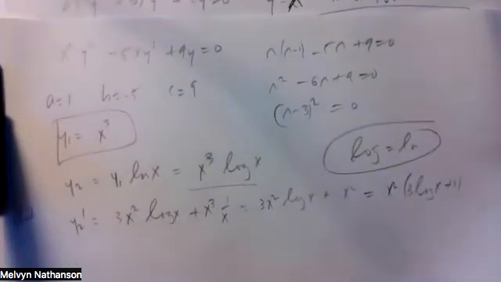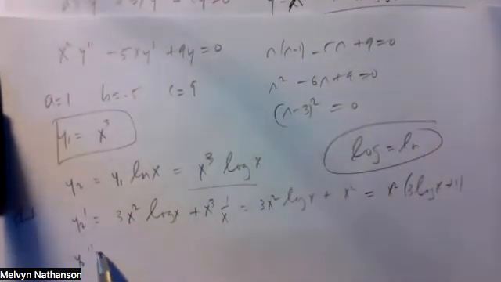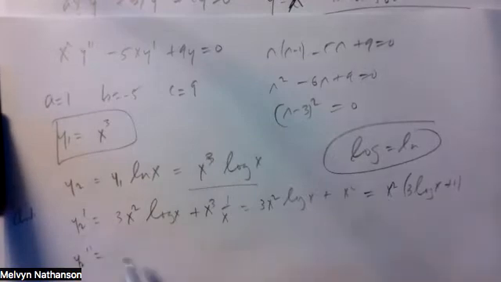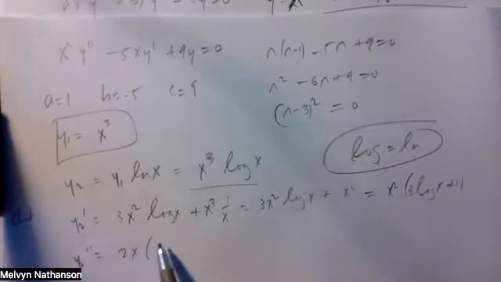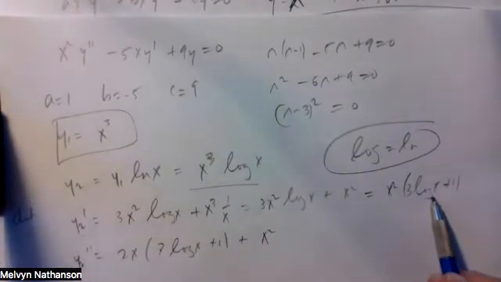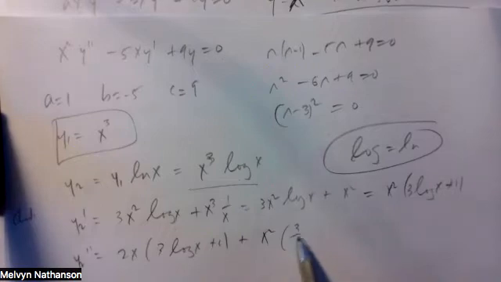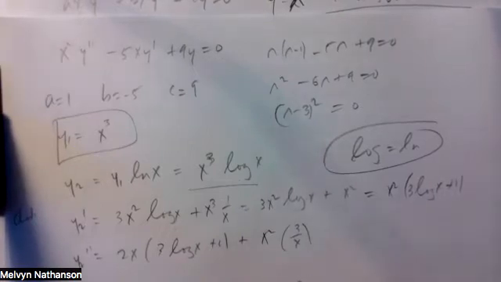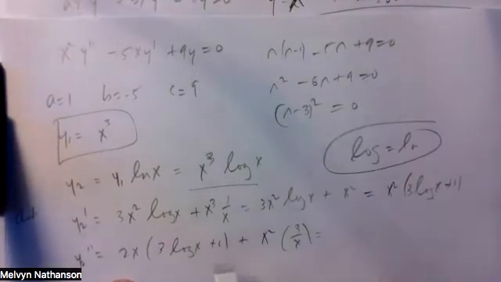So the second derivative is, by the product rule, 2x times 3 log x plus 1, plus x squared times the derivative of 3 log x plus 1, which is 3 over x. So what is this?